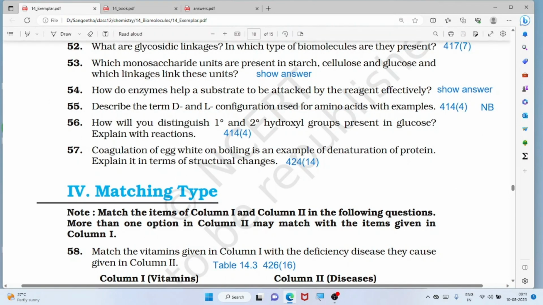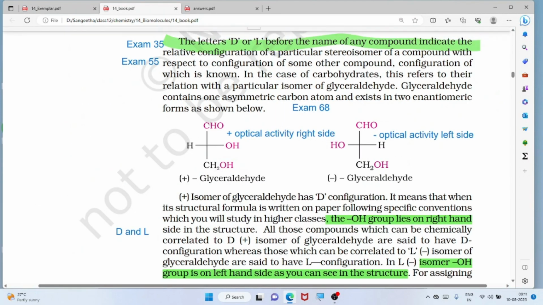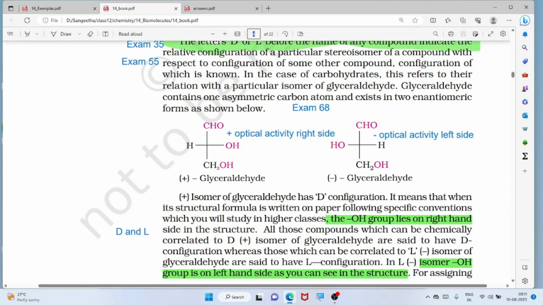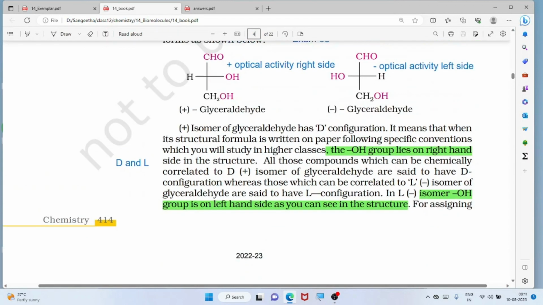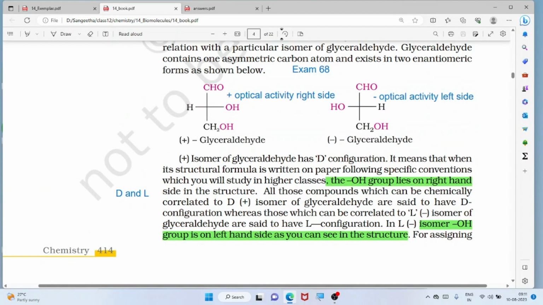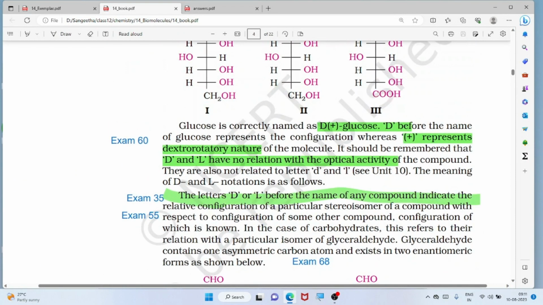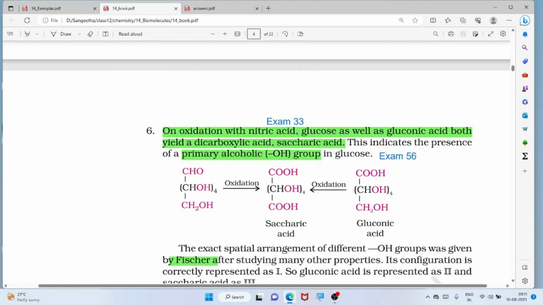How do you distinguish the primary and secondary hydroxyl groups present in the glucose? You explain the reactions for this. This is the primary, okay.